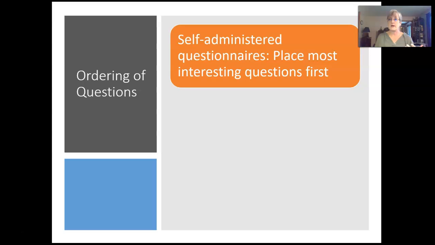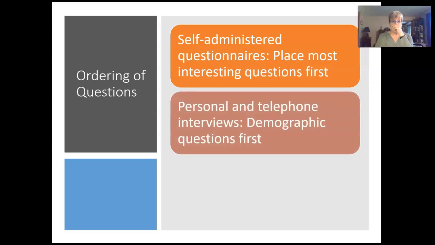I don't want them to drop out. But there is this general recommendation that if you want to get people's attention and get them invested in your research, then you should try to give them some interesting questions to respond to early in case some other parts of the questionnaire are more mundane.